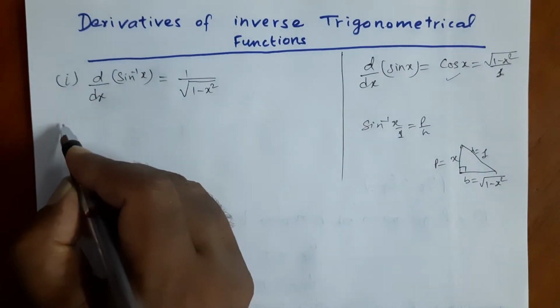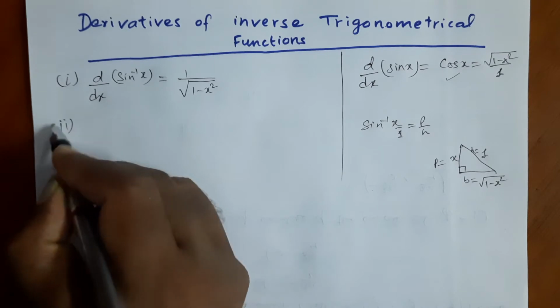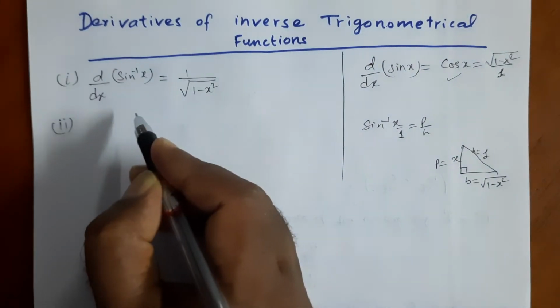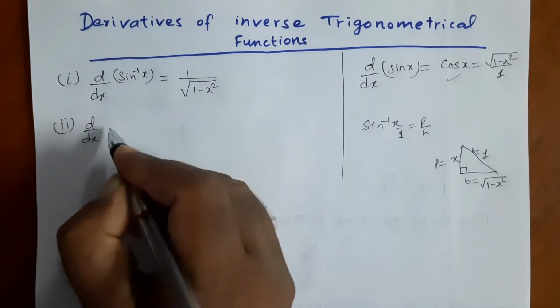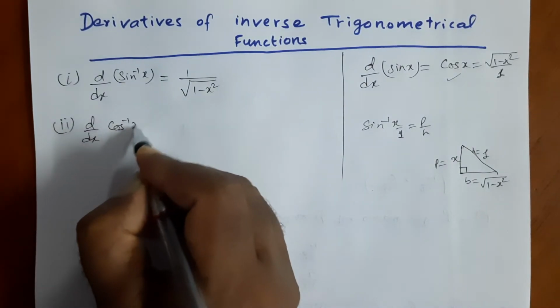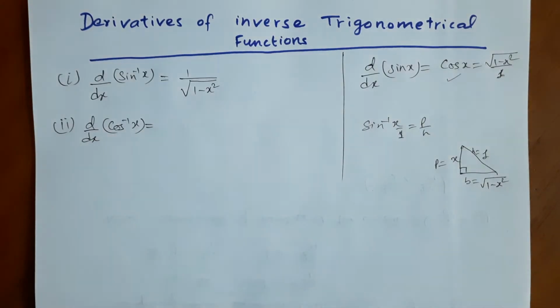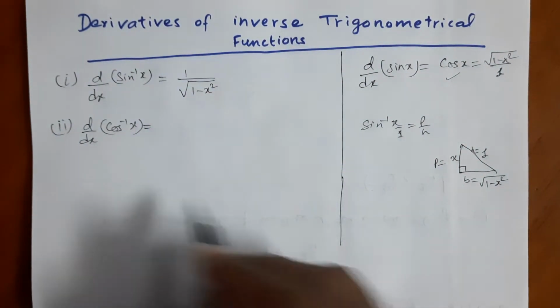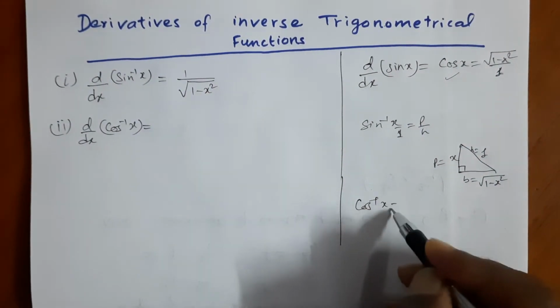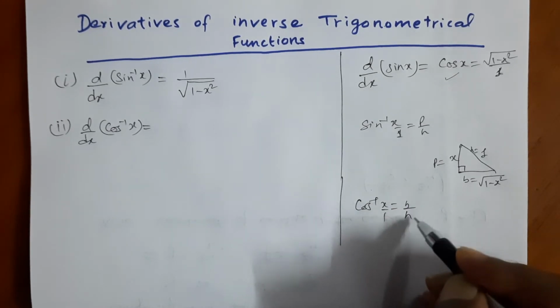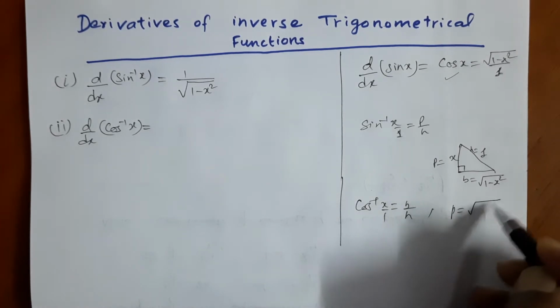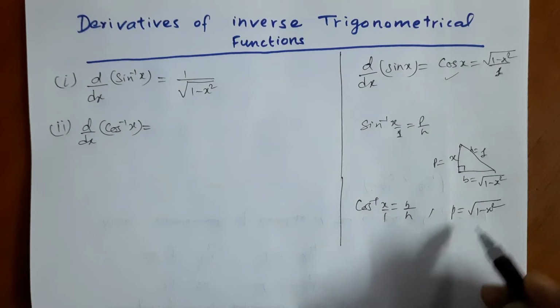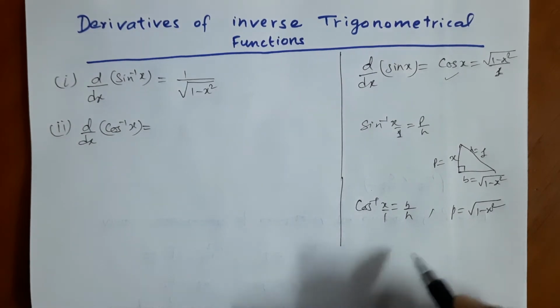Now, does it work for every trigonometric function? Let's see d over dx of cos inverse x. In this cos inverse x also, cos is base over hypotenuse, and then p will be root over h square minus b square, that is root over 1 minus x square. Now look at the cos derivative.